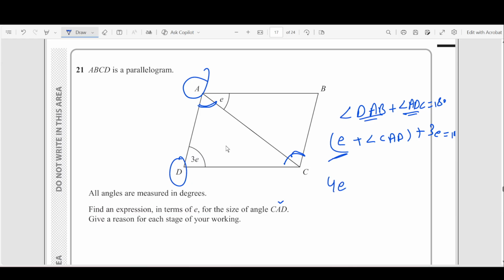We just add these two, plus angle CAD is equal to 180. Now if I take 4E that side, I will get 180 minus 4E, which is angle CAD, right? And this is what it was asking. Find an expression in terms of E for CAD. Okay, so the answer is 180 minus 4E. Clear?